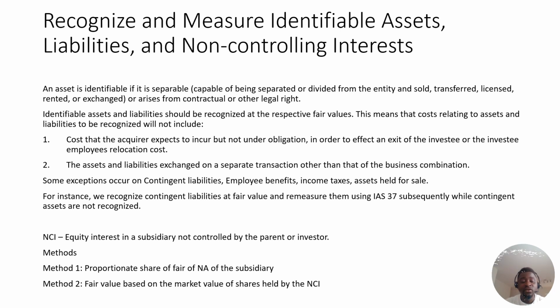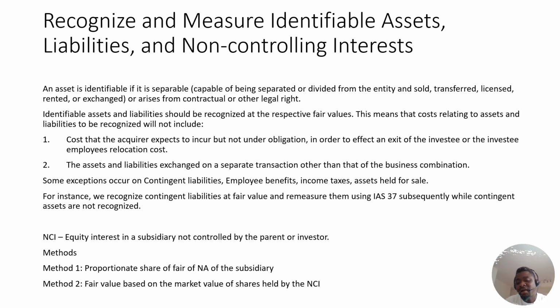The second method is to look at the fair market value, I mean, the market value of the interest held by the non-controlling interest. So at that point in time, when you look at the valuation of the business, what is the value of the shares of that business? You understand? So when you look at the non-controlling interest, you can use that fair valuation approach also to look at the market value.